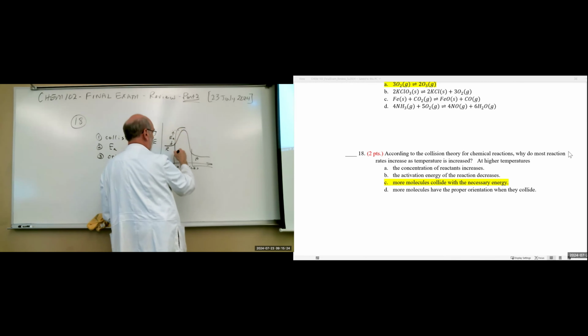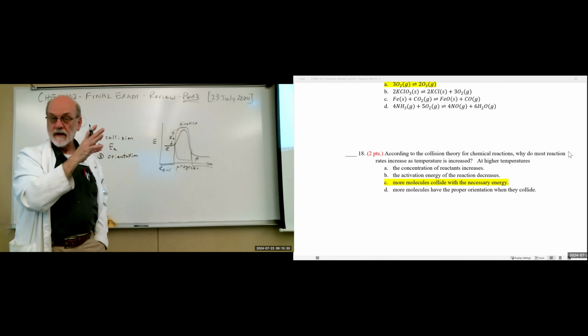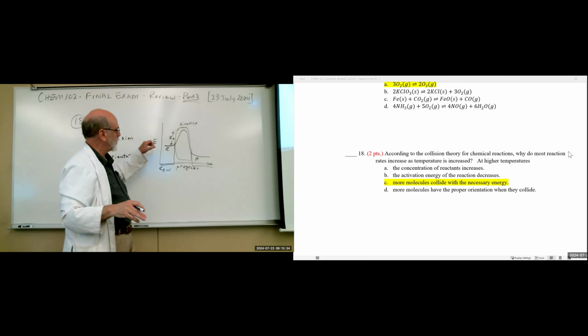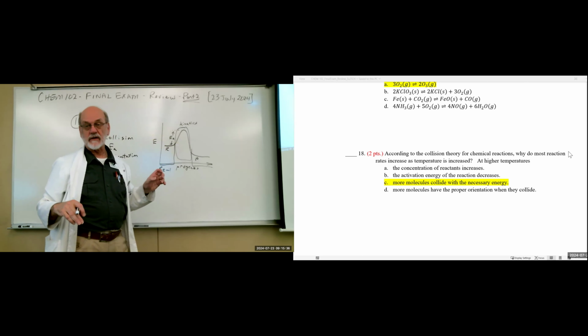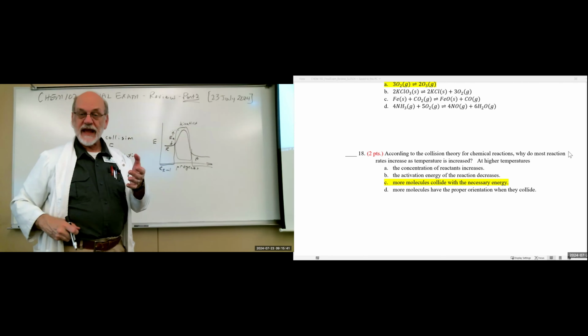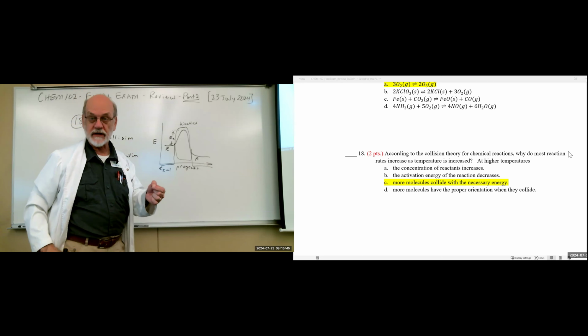This part in here is kinetics. That's rate. So if we increase the temperature, we're going to have more molecules exceeding the activation energy and the reaction rate will increase. So C is the answer. At higher temperatures, more molecules collide with the necessary energy.